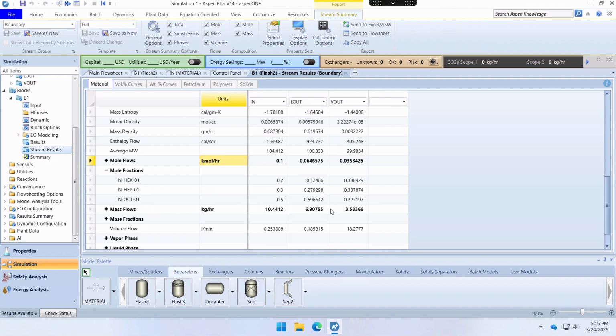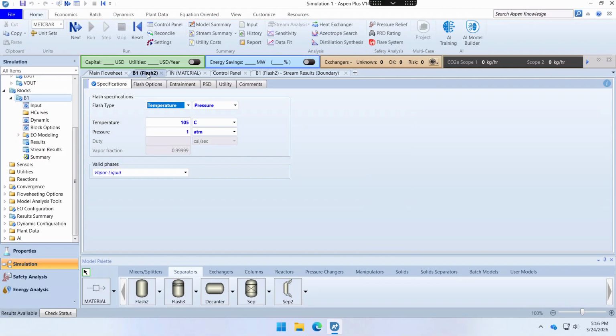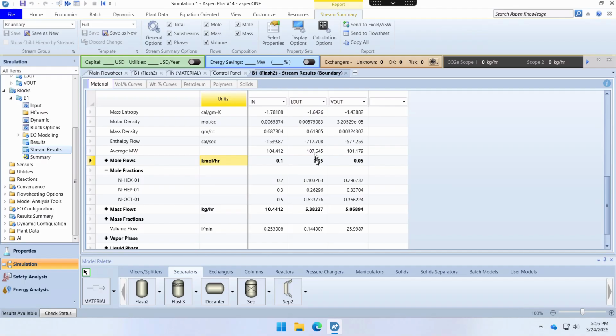And then part D asked us to find the temperature and composition with a vapor fraction of 0.5. So we can specify that here, run the simulation, stream results.